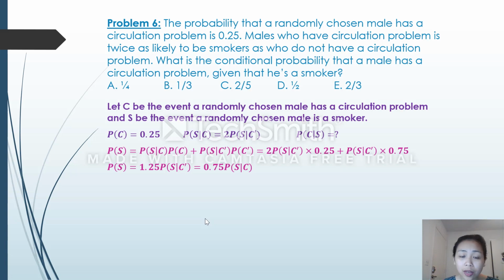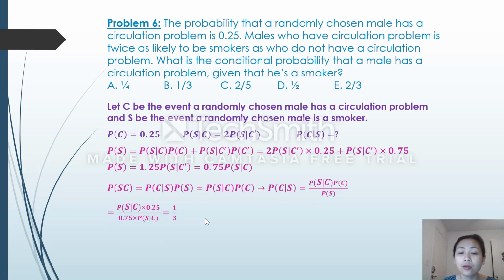Now we are going to make a connection between S given C and C given S. Don't forget that probability of S and C, using the multiplication rule, is probability of C given S times probability of S, and that's equal to probability of S given C times probability of C. So from here we derive probability of C given S, which equals probability of S given C times probability of C over probability of S. One thing that is beautiful here is that probability of S can be written in terms of probability of S given C. So we replace probability of S in the denominator by 0.75 times probability of S given C. Now probability of S given C in the numerator and denominator cancel out.